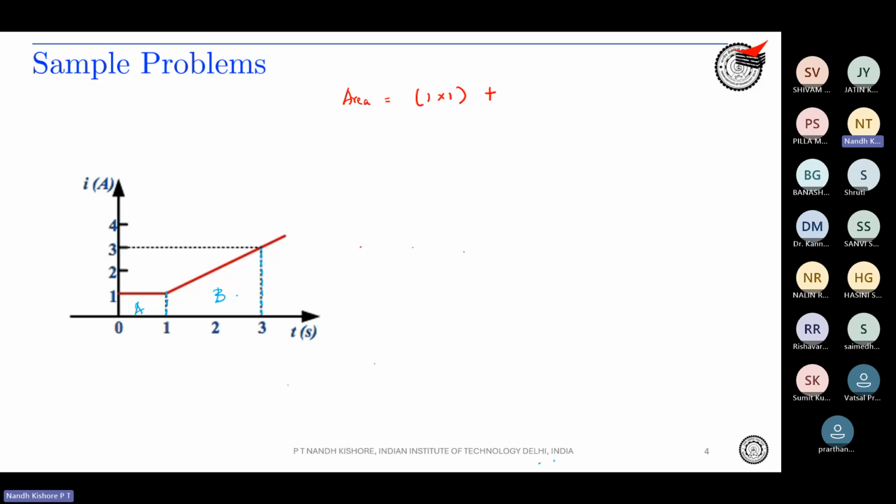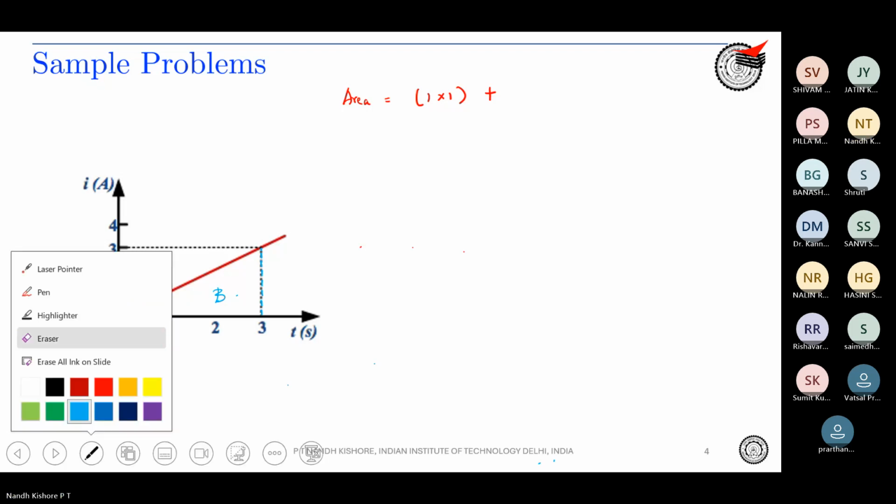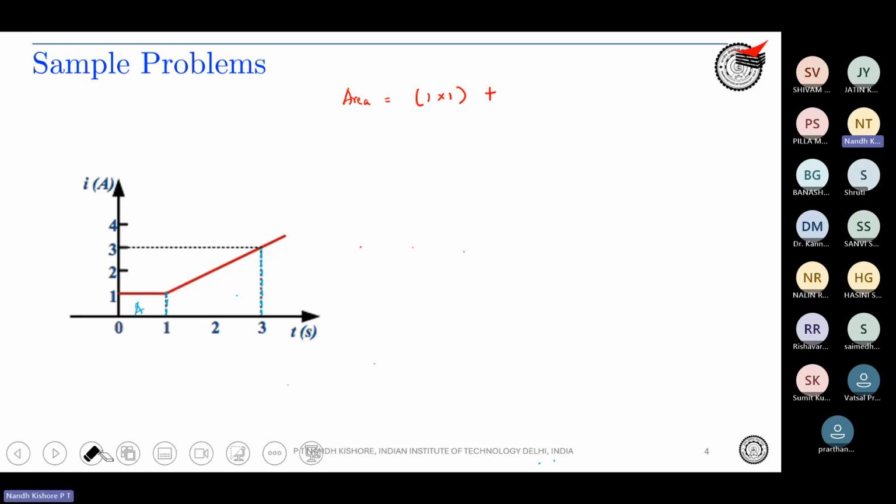So what would be the area of that? The area can be written as this area plus this area: a square and a rectangle and a triangle. So what would be the area of the rectangle?